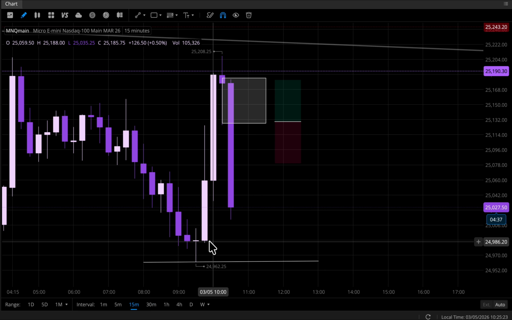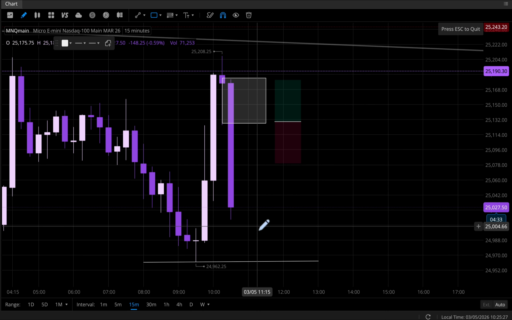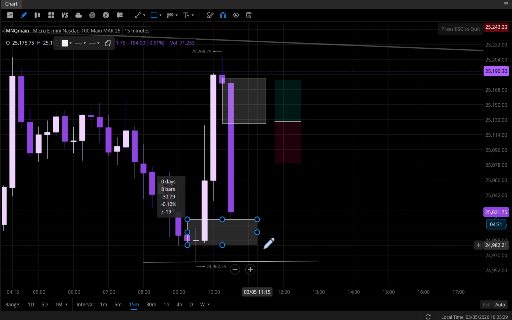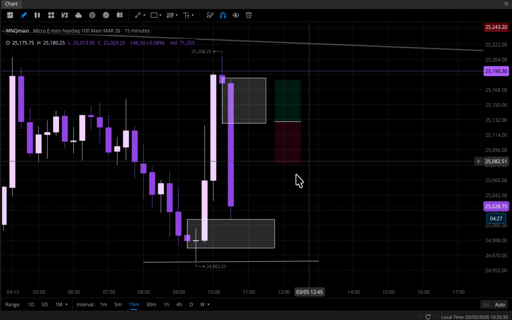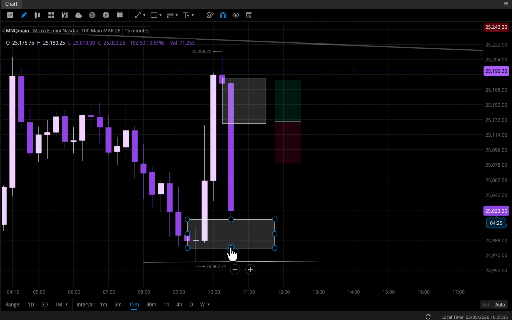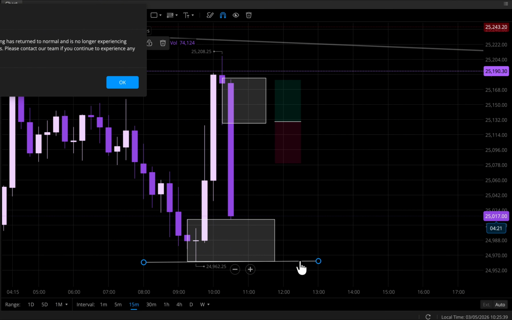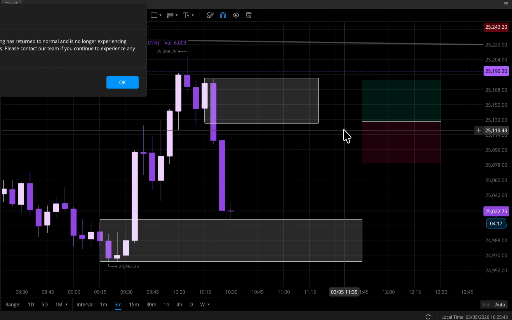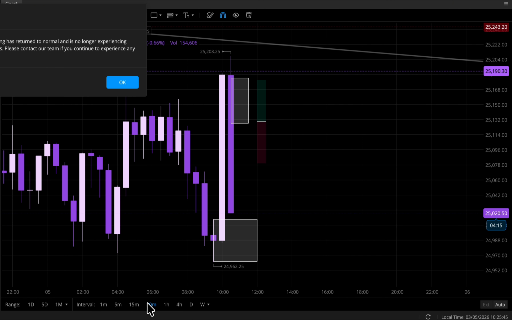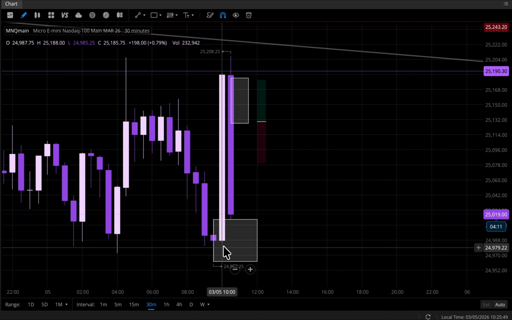This would be a tap on the 15. So if it invalidates that, it's for sure should go down. Yeah, price is moving. That's a tap on the 15. This is a tap on the 30.